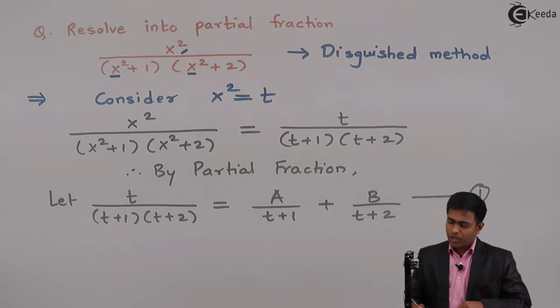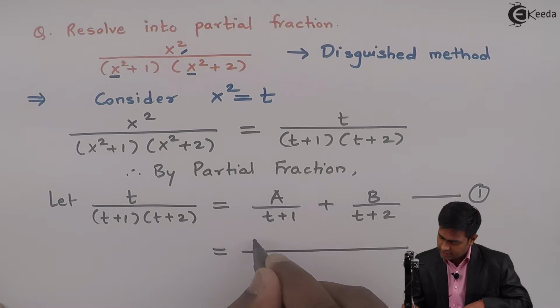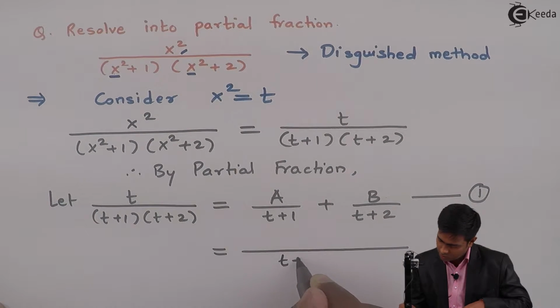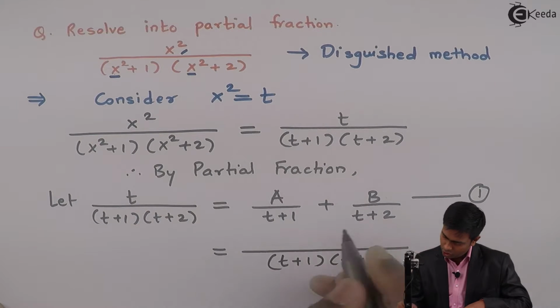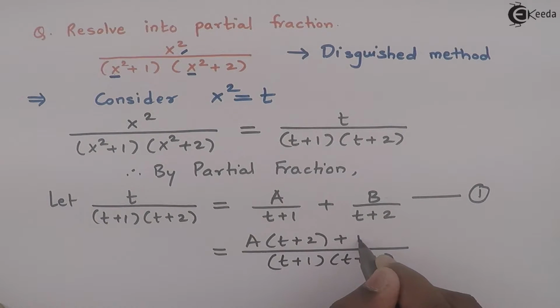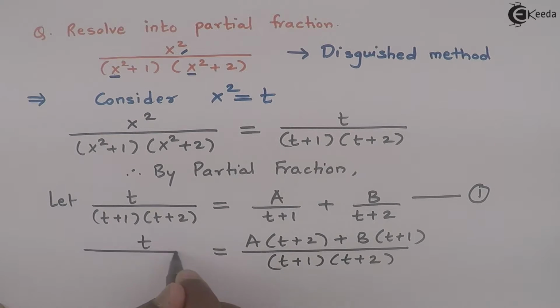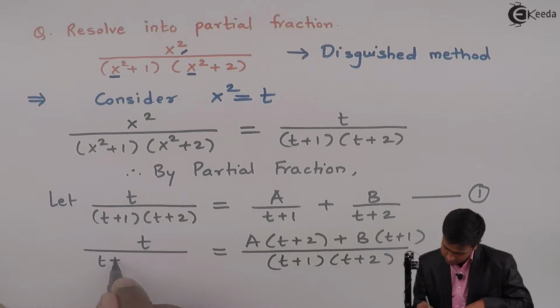So for that we take the LCM on the right hand side, which will be t plus 1 and t plus 2. By cross multiplication we get a into t plus 2 plus b into t plus 1, and on the left t upon t plus 1 and t plus 2.